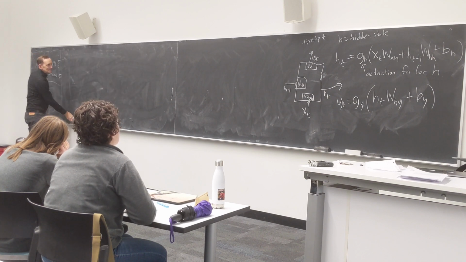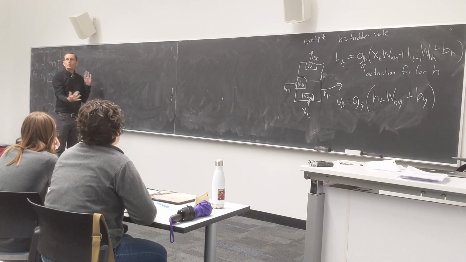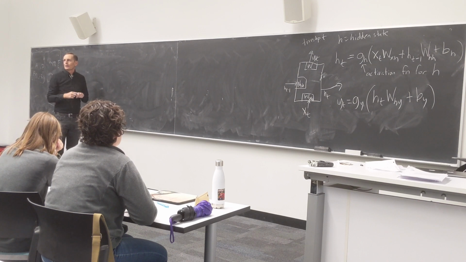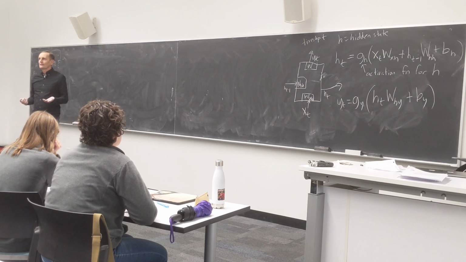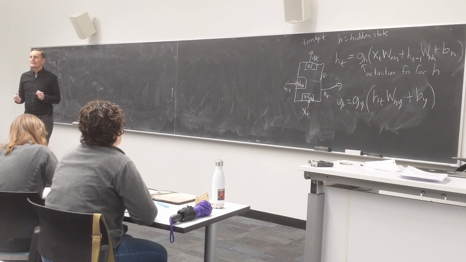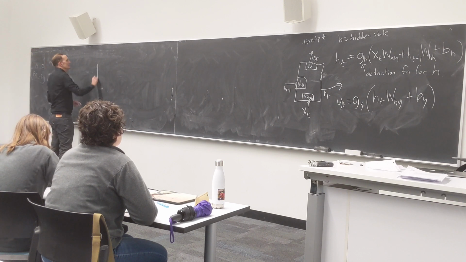And it might be tempting when you look at this unrolled view to think of this as layers of a neural network. And in one way, you can think of it like that. But the key thing to keep in mind is you have the RNN.